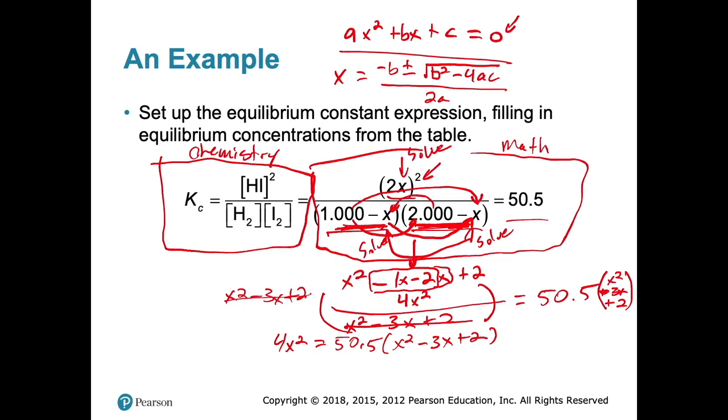Now what do you have to do? We were trying to solve for x, yes. Anybody know what we're doing next?